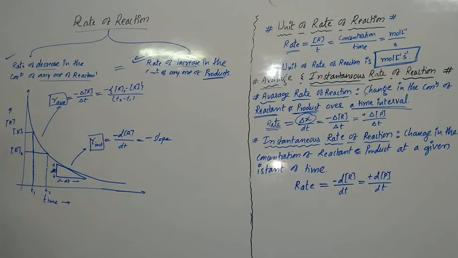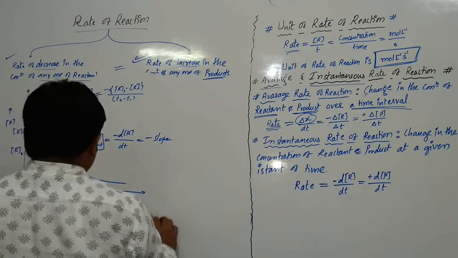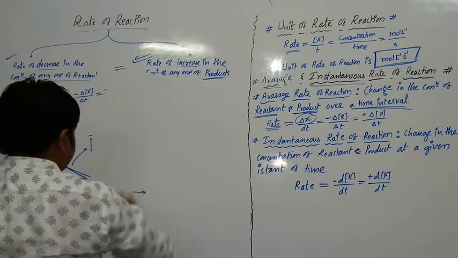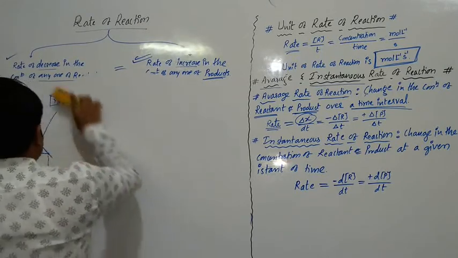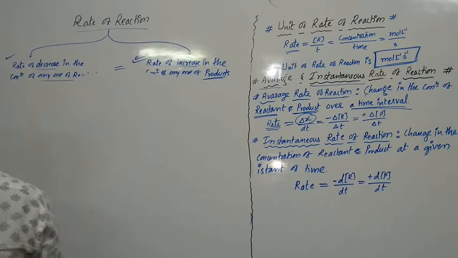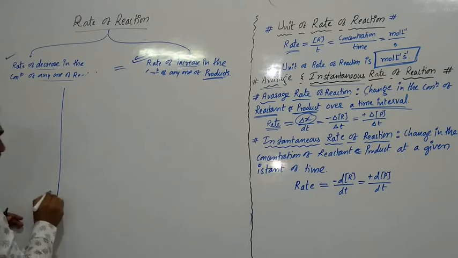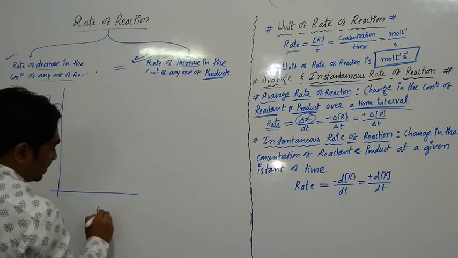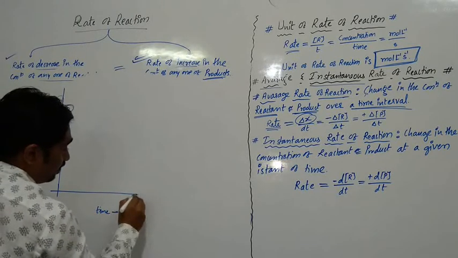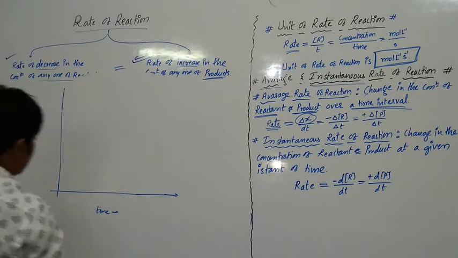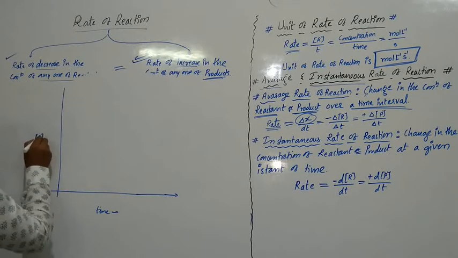See here how we can calculate this. Here only I will draw. So you can draw like this. Here in this case, also this is the time axis, and this is concentration of product.